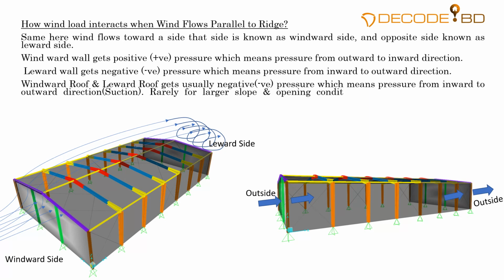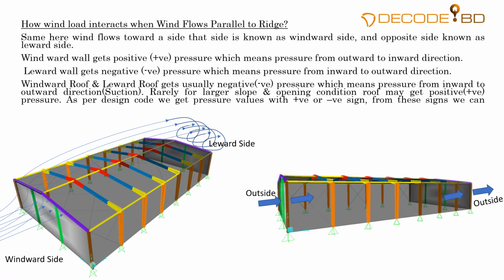Rarely, for larger slope and opening condition, the roof may get positive pressure. As per the design code, we get pressure values with positive and negative sign. From these signs we can understand the load direction. Now from the figure you can see from inward or inside direction to outside direction for roofs.